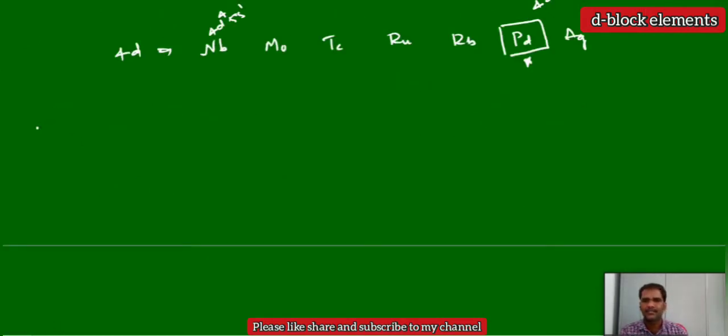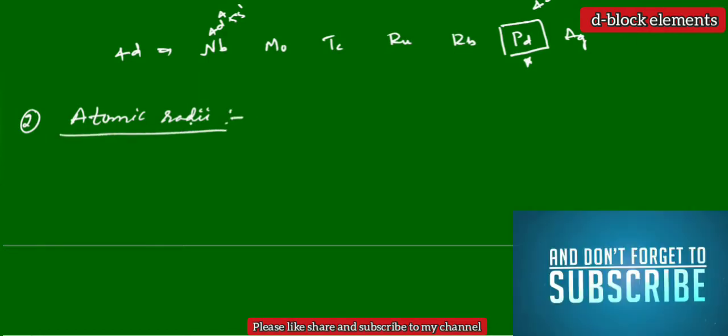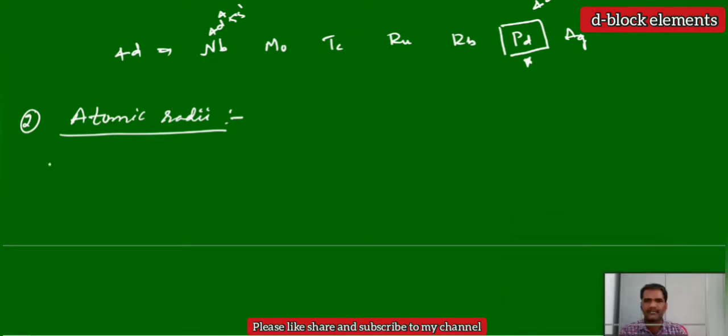So now we will see atomic radii. Here all d block elements are metals, so atomic radii are nothing but metallic radii.